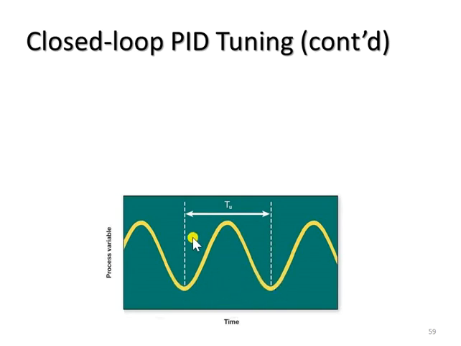And then we can see that the period of time between valley to valley or peak to peak is the same. So this condition is called sustained oscillation.